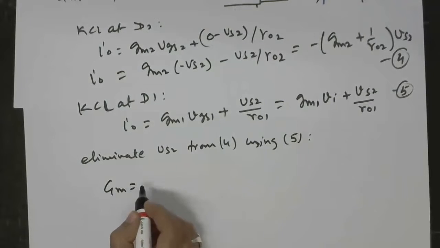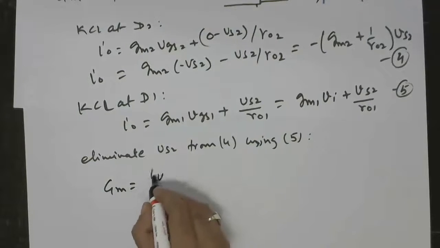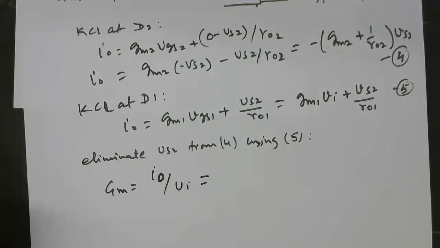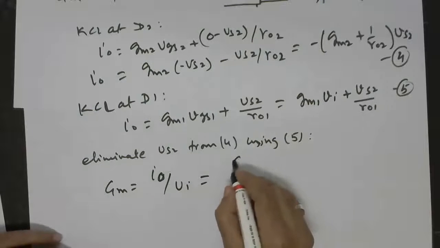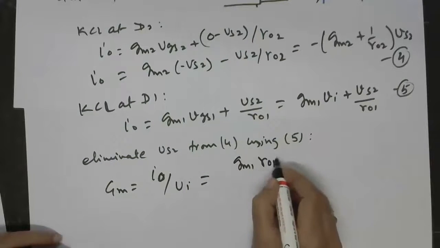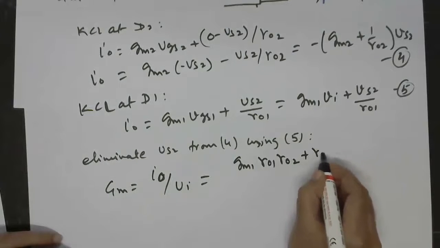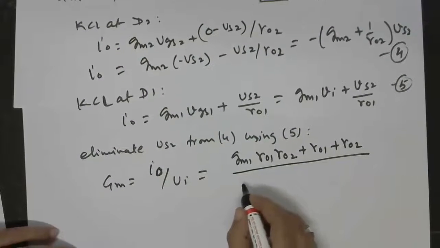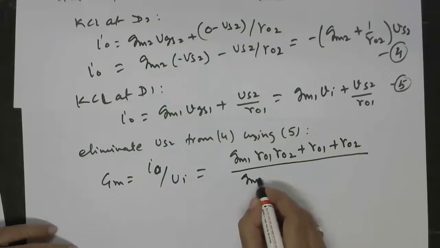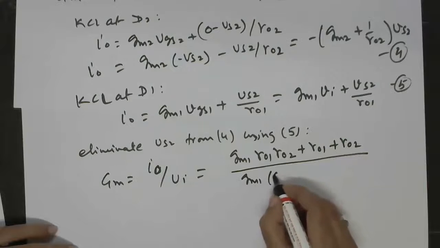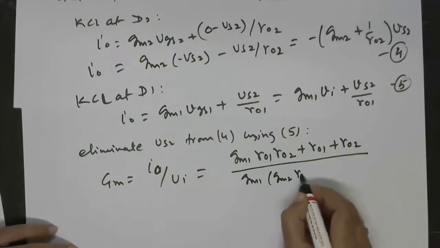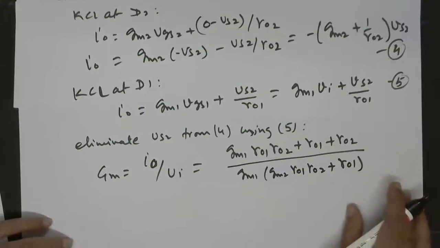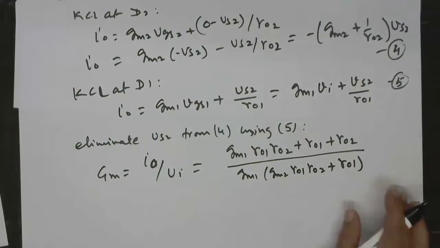So GM is going to be IO divided by VI, and this will turn out to be GM1 R01 R02 plus R01 plus R02 divided by GM1 GM2 R01 R02 plus R01.